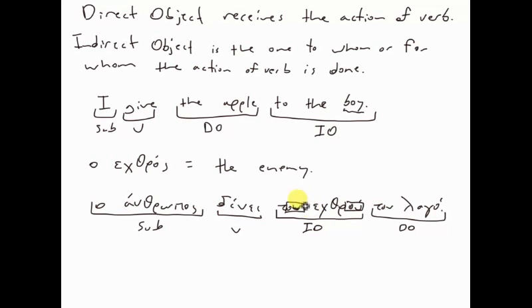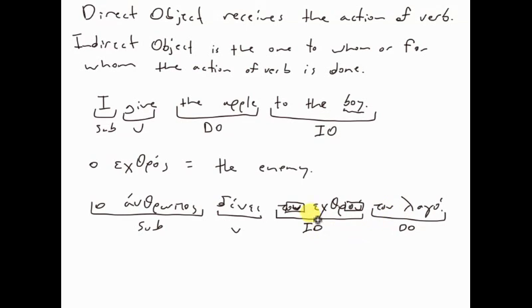Because this could mean the person gives the rabbit to the enemy, or it could mean the person gives the rabbit of the enemy. So right now, in this context, it is ambiguous as to what the function of echthrou is, if it's the indirect object or if it's the possessor of lagó.